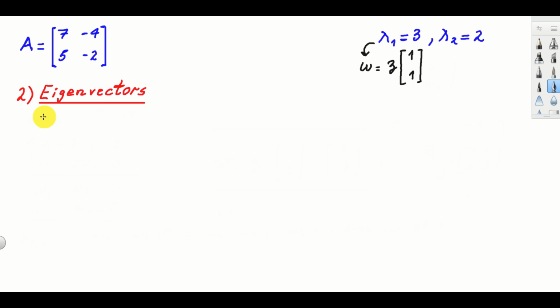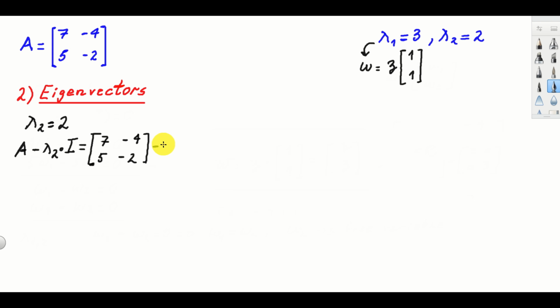Next, let's find the eigenvector for lambda 2 is equal to 2. So we have A minus lambda 2 multiplying the identity matrix. Let's now quickly substitute the values since we already know the main ideas and we know how to multiply things. So we have 7 minus 4, 5 minus 2, minus, what is lambda 2?